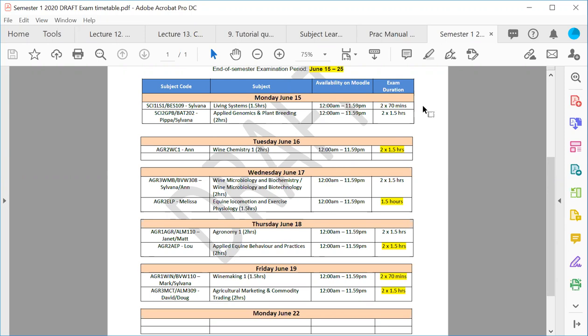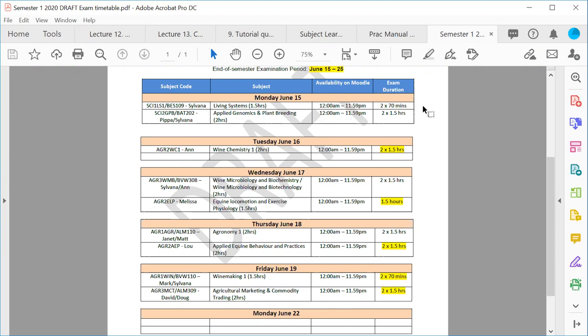These are all open book exams. But even though they're open book, this does not mean that students can work together. Keep that in mind, that students should not be colluding, so be very careful.